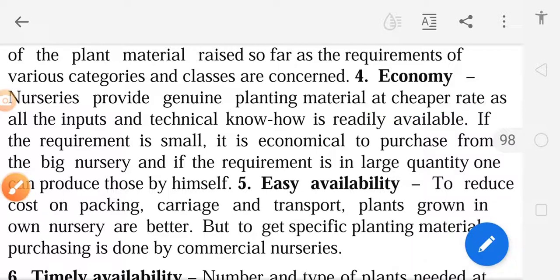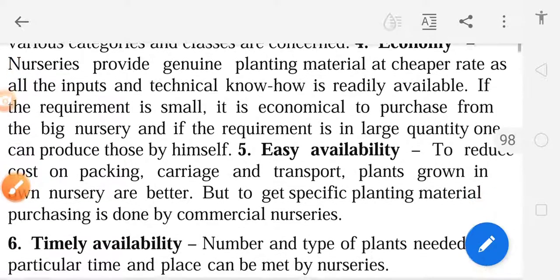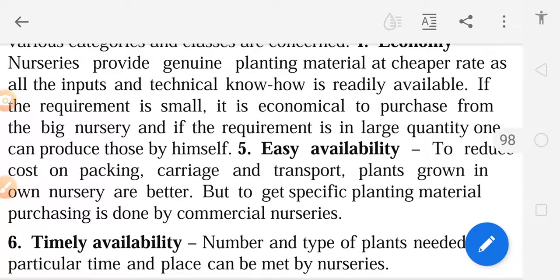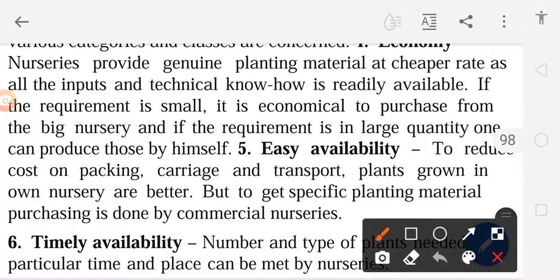Now for that purpose, in case of nursery there are two things, one is input and another is output. In case of input, we have to purchase some raw material, purchase some mother plants. So that should be an economical purchase, means we have to purchase at an economical rate.